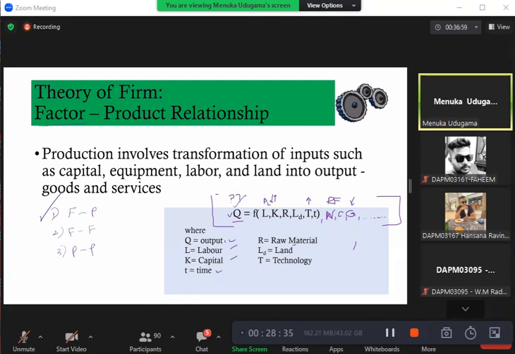And if you use time also as a factor, I collect the quantity produced of paddy for the last 20 years, and I can do a forecast into the future. So likewise, we can estimate this model to understand the impact of the factors on production, right? Therefore, we call this a production function.